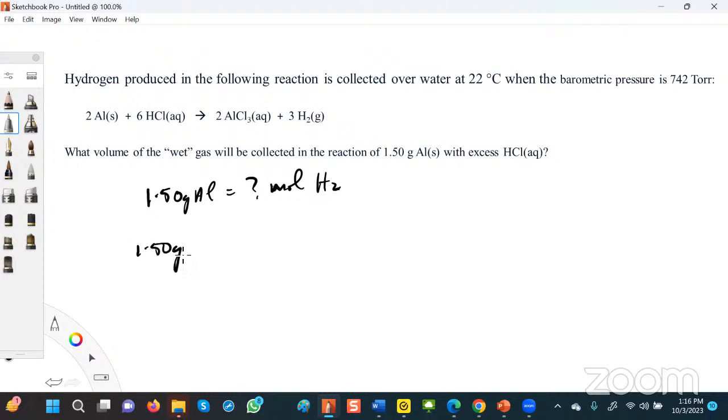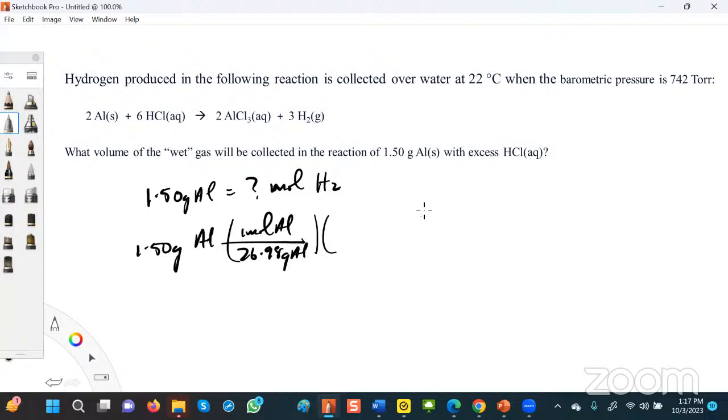First, I would convert the grams of aluminum to moles of aluminum. So you're going to have 1 mole of aluminum above, and the molar mass of aluminum is 26.98 grams per mole. So I'm going to put 26.98 grams of aluminum down here.